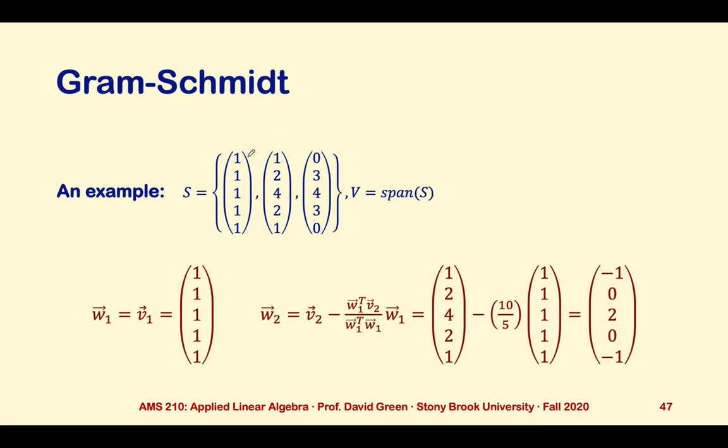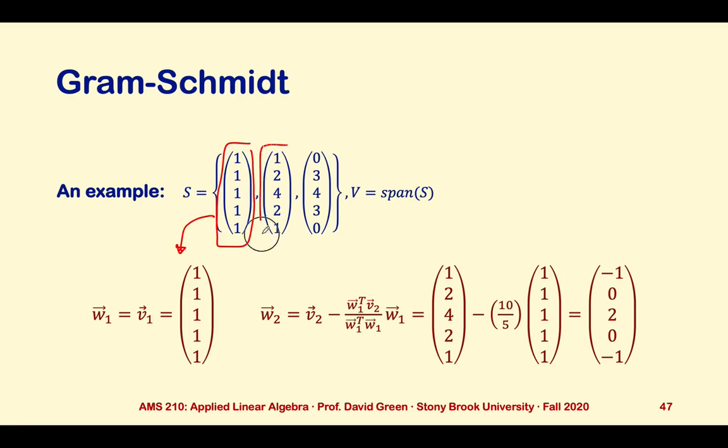We use Gram-Schmidt. The first step is simply to draw out the first vector and to assign that to the first vector of our new basis, W1 equals V1. Okay. First vector is always trivial. The next step, we want to generate a second vector.